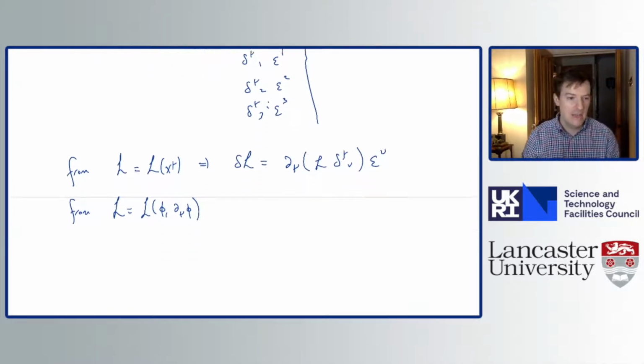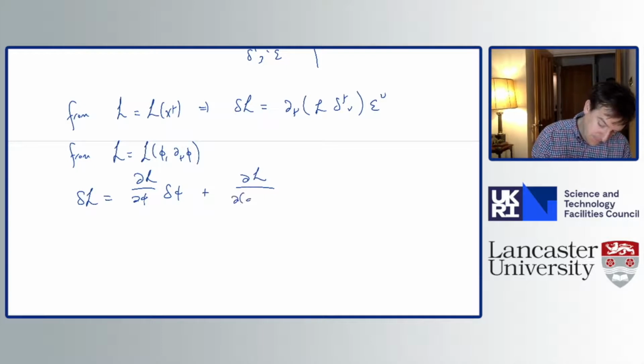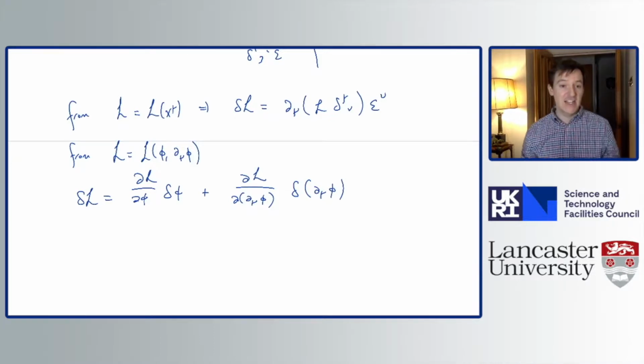Some straightforward manipulations we have to do. So let's first of all just write down what delta L is. It's a function of the field phi, and it's a function of the derivatives of the field. That's just our expression for delta L. And now we're going to manipulate this a little bit.